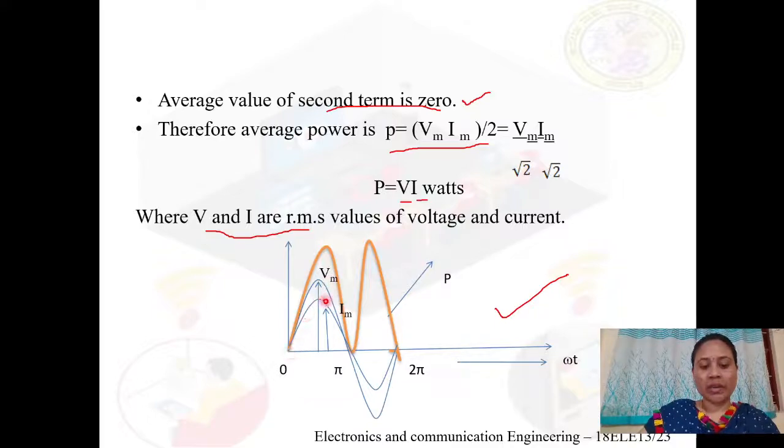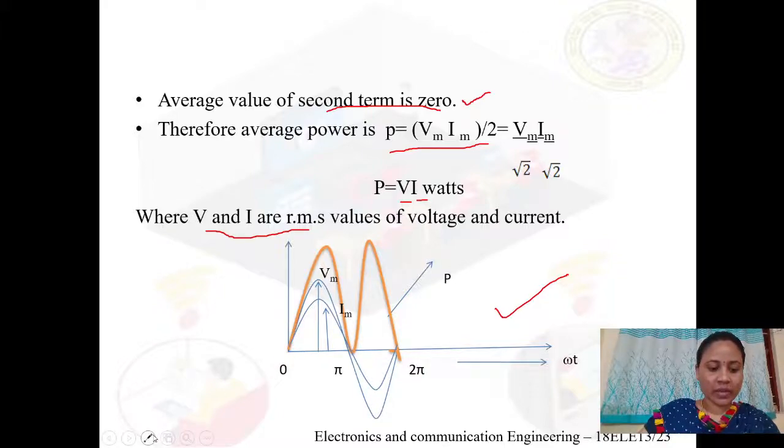The higher magnitude waveform represents the voltage and the lower amplitude waveform represents the current. And here you can take the expression for power, P is V into I, that is the product of V and I. So just simply assume at different intervals the values of V and I, and then we can say what will be the power here.